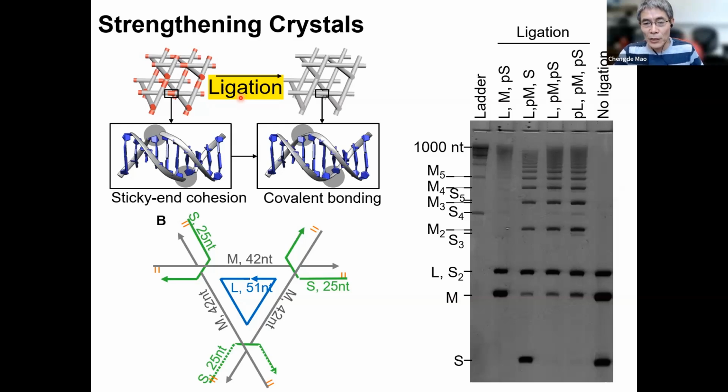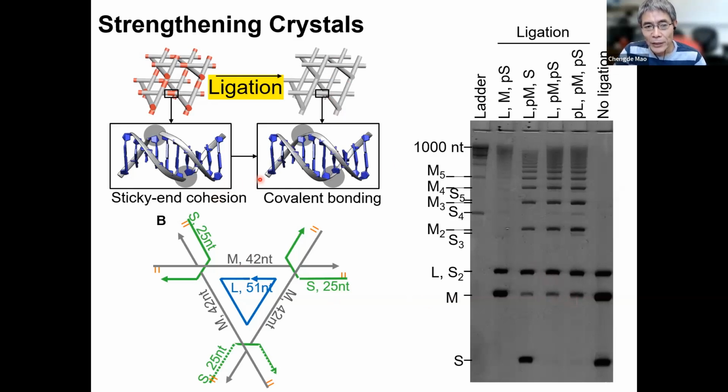What it does is to convert this hydrogen-bonded join into covalent bonding. By that way, the DNA gets a covalent bond, and the crystal becomes a very stable structure. In a sense, you can say it is a supramolecular assembly in the beginning, but after assembly, it is a covalently joined crystal. It becomes very tough. That is our design.